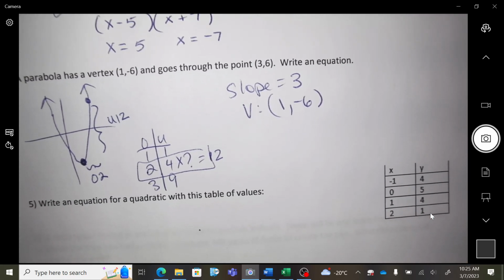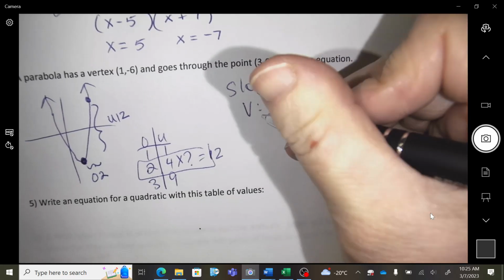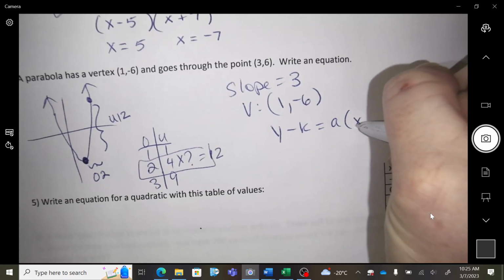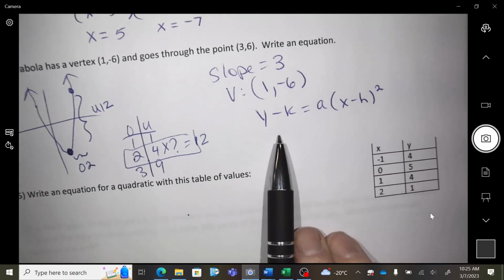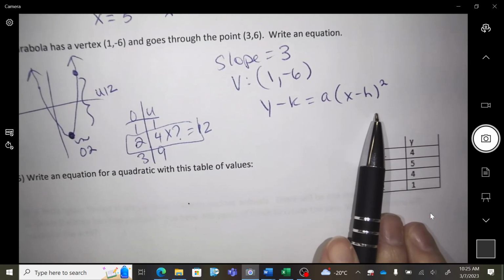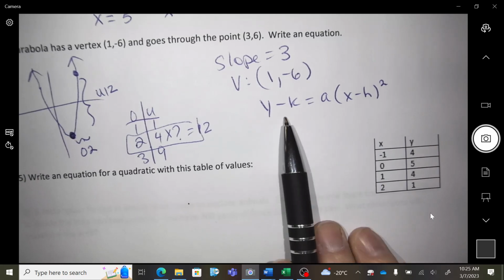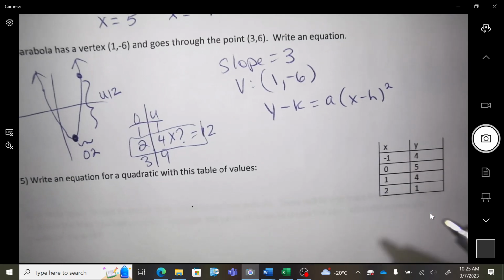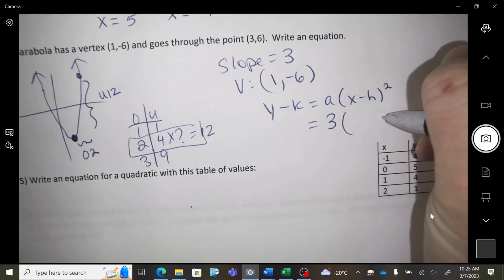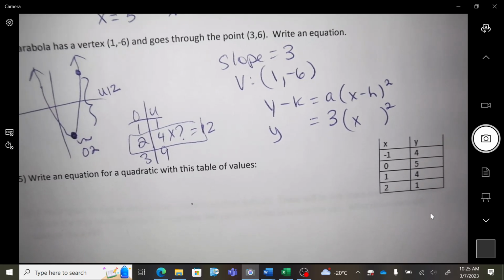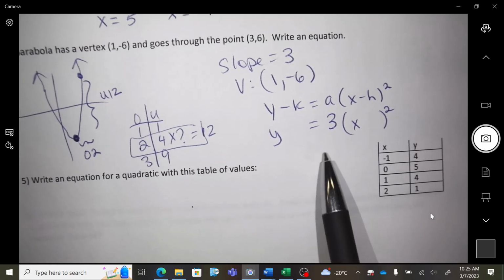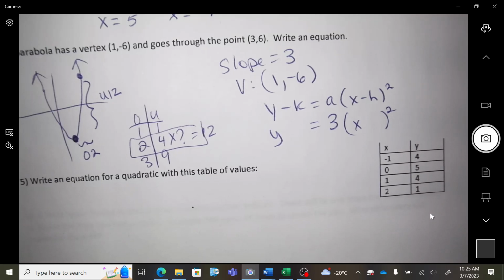Okay, I'm going to now make an equation. I would have a formula sheet. This is what I would look at on my formula sheet. So on my formula sheet, I would look at this one. Why am I picking that one? Because it's easy to plug the vertex and the slope into. Vertex, slope. So 3 gets replaced for the A. X and Y always stay.